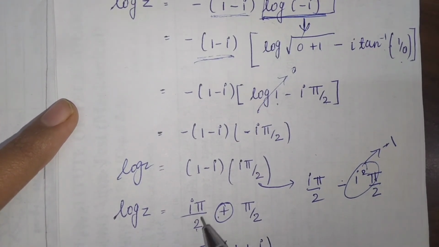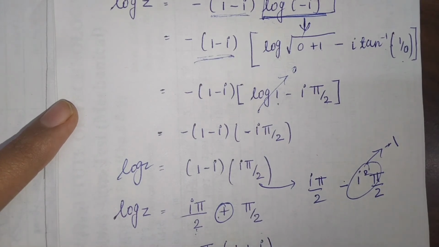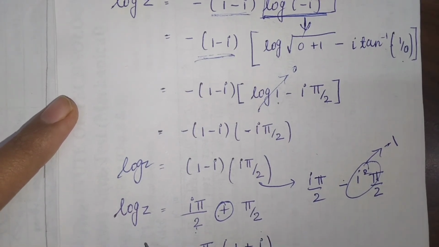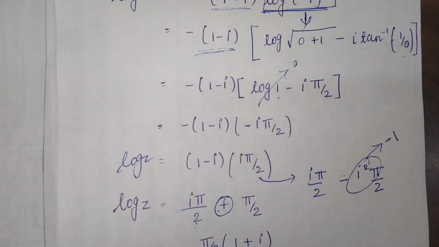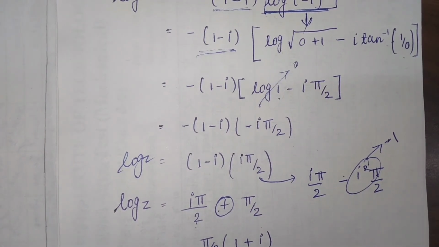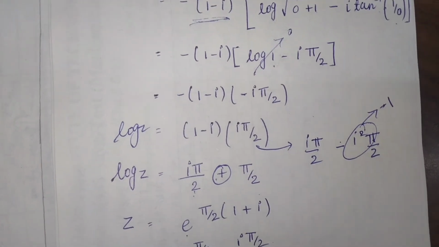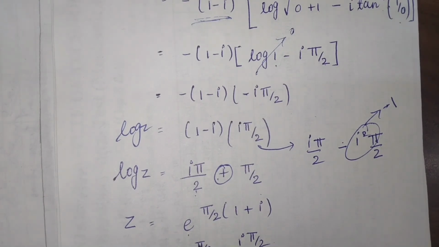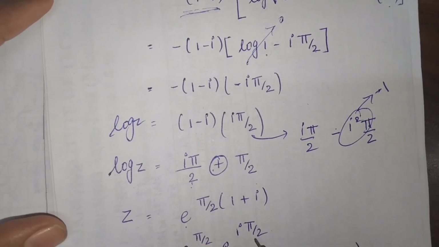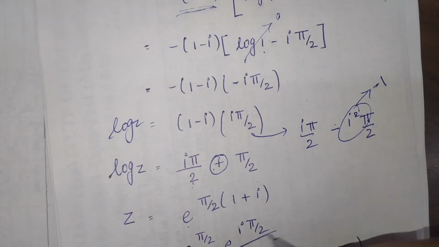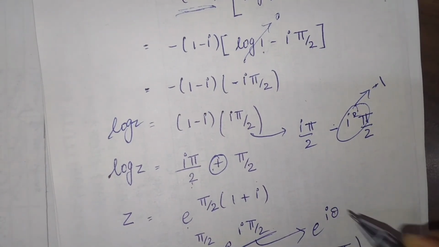So it will be i pi by 2 plus pi by 2. But again here a log term is there, so we will get z equal to exponential of pi by 2 into (1 + i). That is equivalent to e raised to pi by 2 into e raised to i pi by 2.